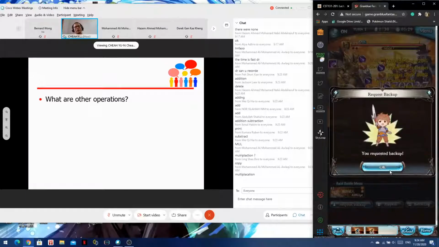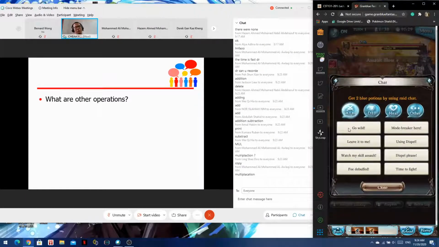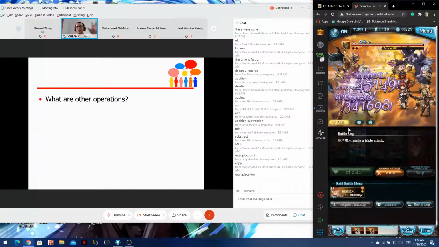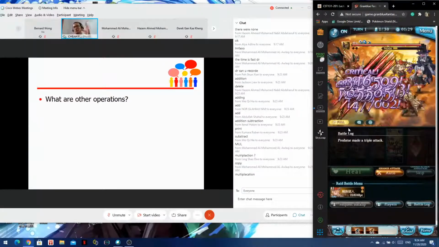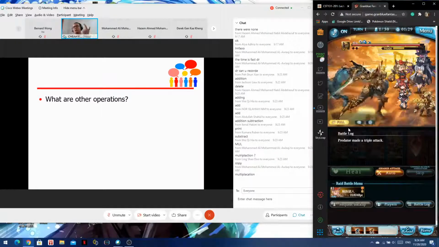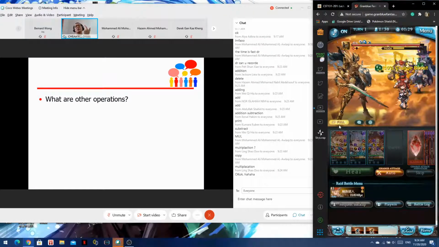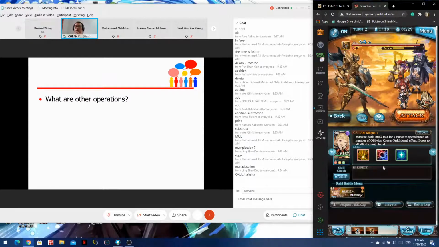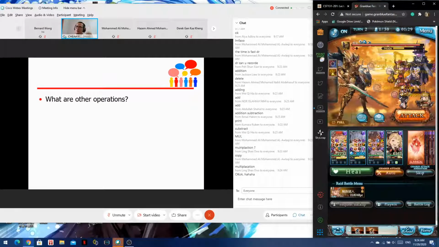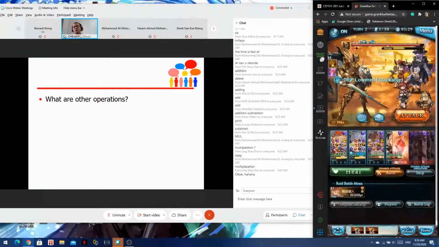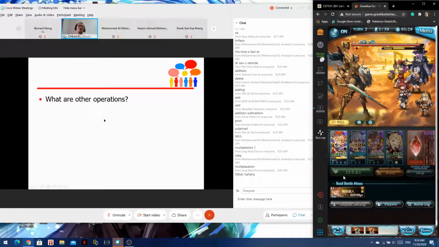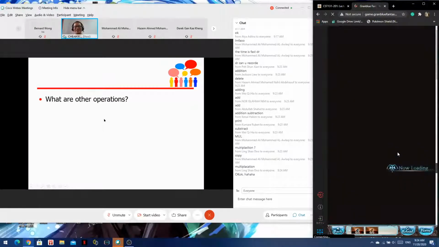To my knowledge, I don't think there's a copy operation as far as the ALU is concerned. The more common ones are addition, subtraction, and logical operations like shifting, ANDing, ORing. Printing, copying, not so common. We can check, but offhand, I don't recall printing, copying, and things like that.